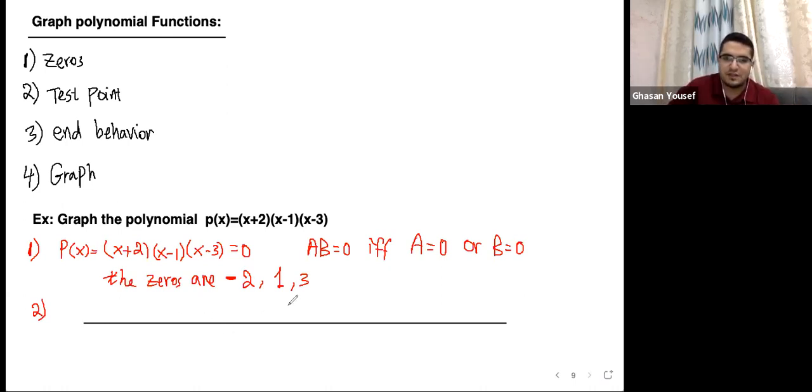We have to put the zeros that I found in number 1 on this line. So we have minus 2 here. Here we have the 1. And we have the 3. Here is the 3.